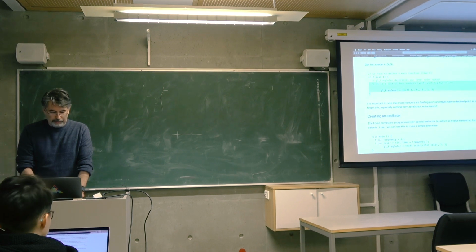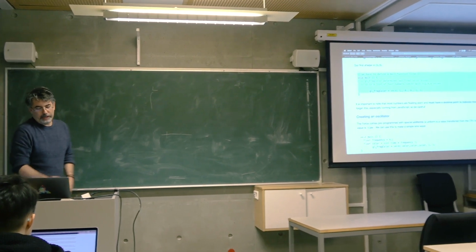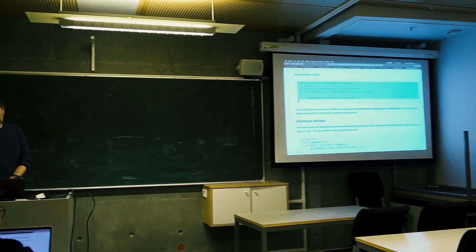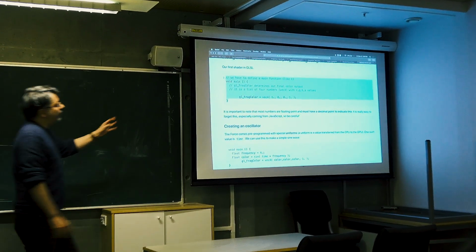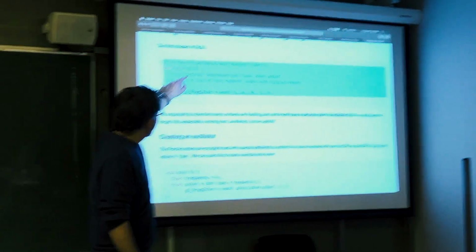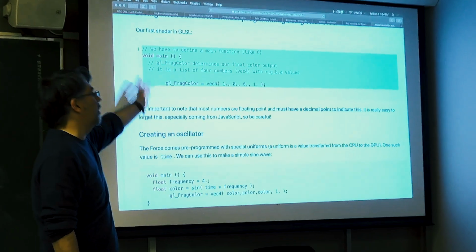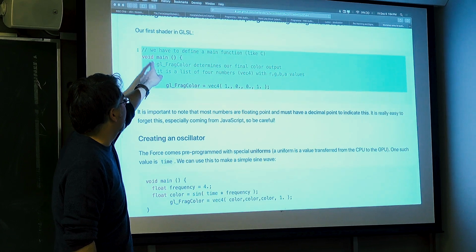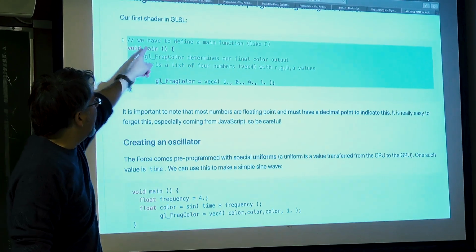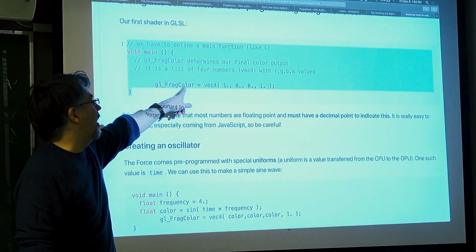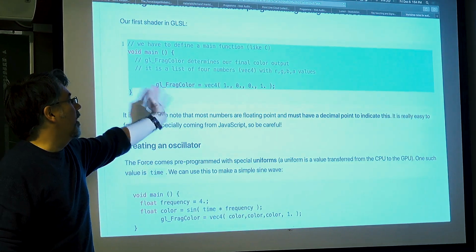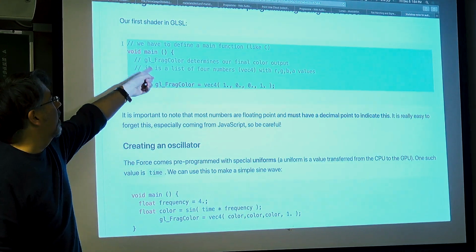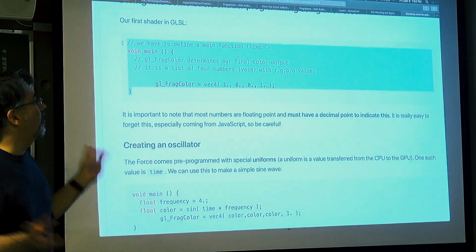So I'm just going to copy this first block, or maybe we'll just look at it here first. For a fragment shader, it might be a little bit different depending on what system you're using, but really this is the general environment. You have a function that's called main, and you want to define a color. That's the result of the main function. That's all the fragment shader is supposed to do.